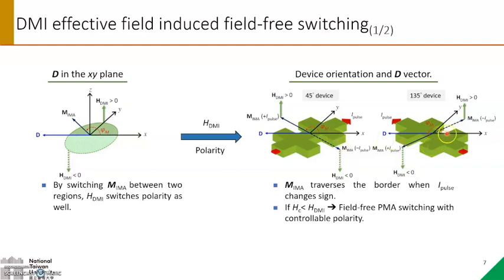As a consequence, the 135-degree device's field-free switching should have an opposite polarity to the 45-degree device due to the orthogonal geometry. In short, relying on HDMI, which changes sign depending on the direction of the IMA magnetization, field-free switching should be achieved.